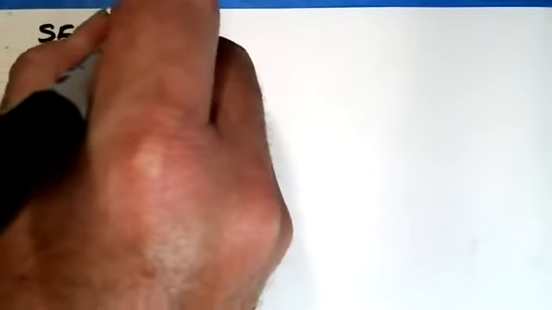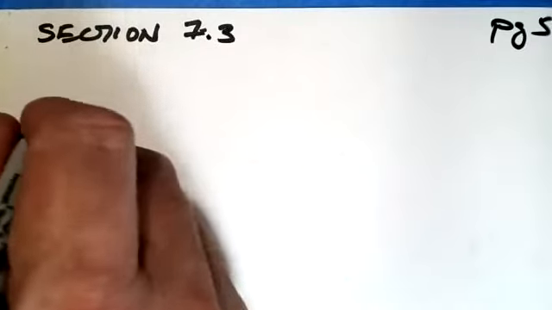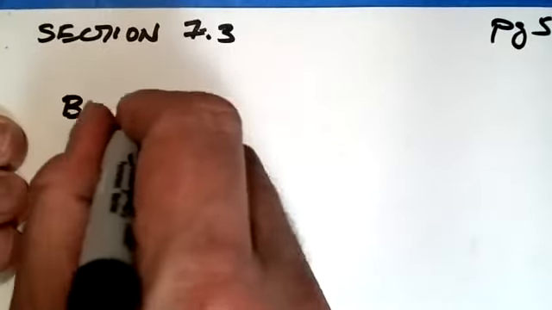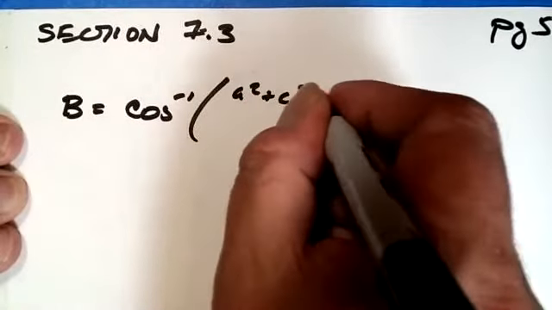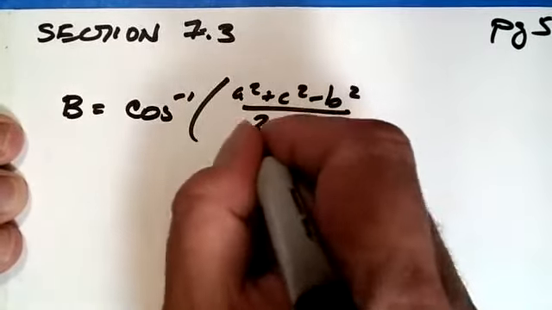So section 7 page 5 now. The next computation is to find angle B, which again is the inverse cosine of a squared plus c squared minus b squared over 2ac.